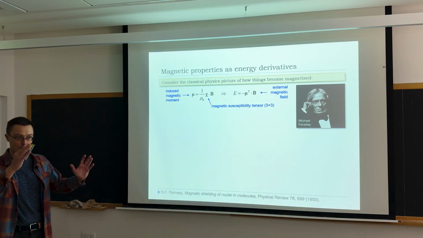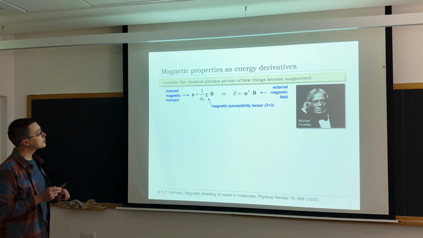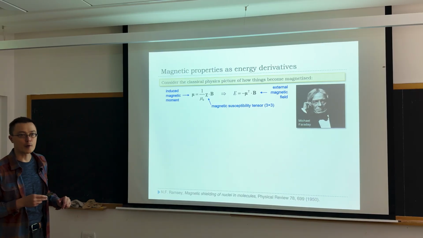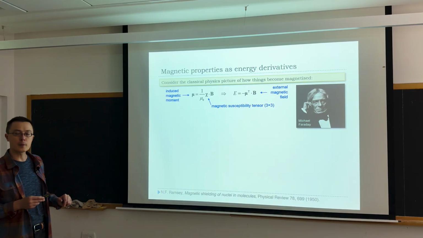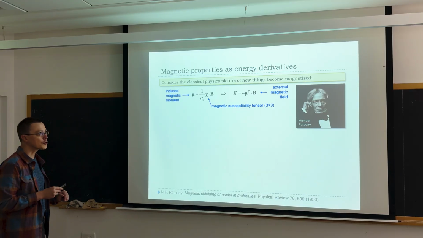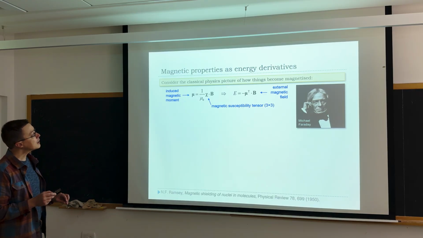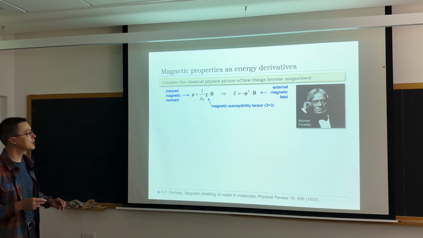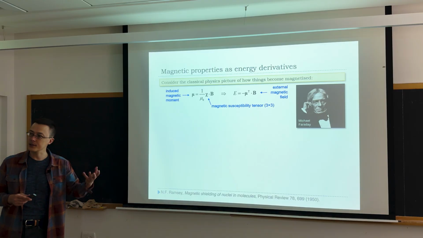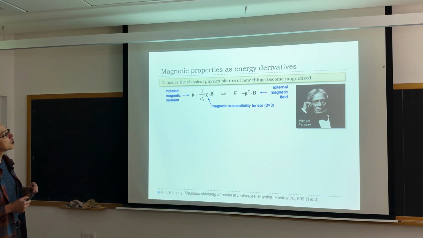This matrix may tilt it somewhat, and so the magnetic moment is not necessarily strictly collinear to that magnetic field, but this is of the order of 10 to the minus fifth, so not strong at all. And then this induced magnetic moment will acquire an energy in our applied magnetic field, and so this is the energy of our magnetized substance, the extra energy that it acquires when it's been magnetized, and that goes back to Faraday.